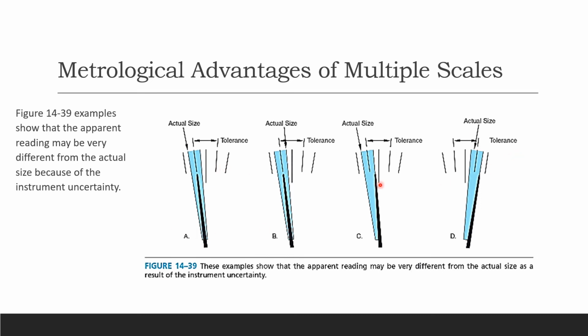Apparent reading is going to be different from the actual size because of the instrument uncertainty. Here, actual size is right there, your tolerance is right here, but your reading is like that. The actual size is right here, your tolerance is right there, your reading is like this. Actual size is here, your tolerance is right there, your reading is like this. And the actual size is right over here, and then your tolerance is right there, and your reading is right here.